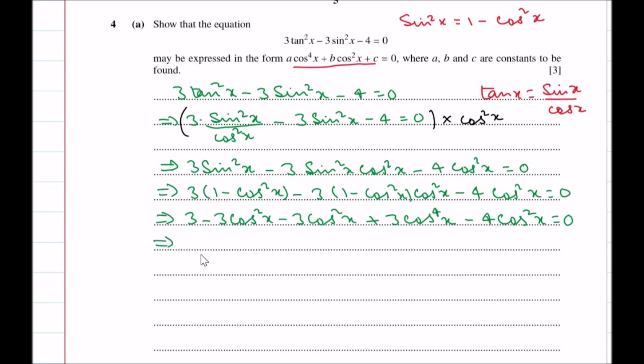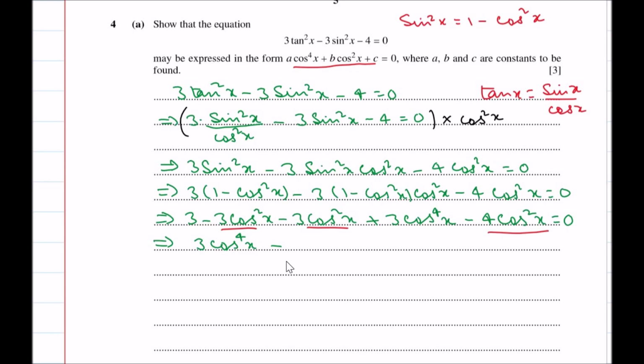Now this implies that, let us combine the like terms and we get here 3 cos to the power 4 x minus 3, 3 and 4, these are like terms, 1, 2, 3.